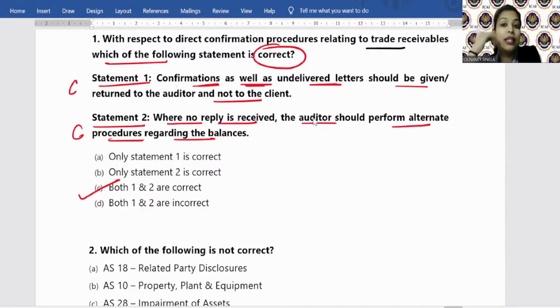Students who are giving me answers other than C, please give me the basis why you are saying that statement 1 is incorrect.